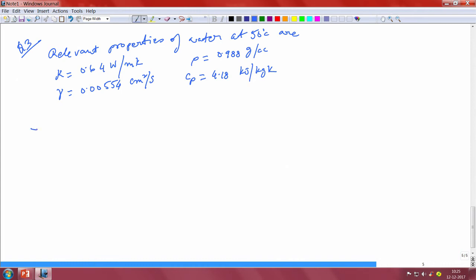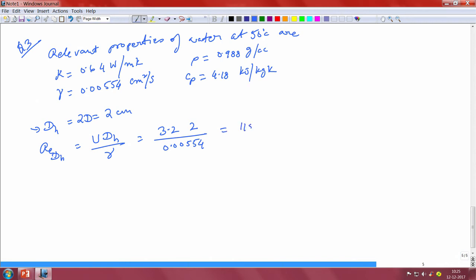So, let us see first d_H, which is the hydraulic diameter, equal to 2d, which is 2 centimeter in this case. The Reynolds number based on the hydraulic diameter is u d_H by nu, which is 3.2 into 2 divided by 0.00554, which gives you about 1155.